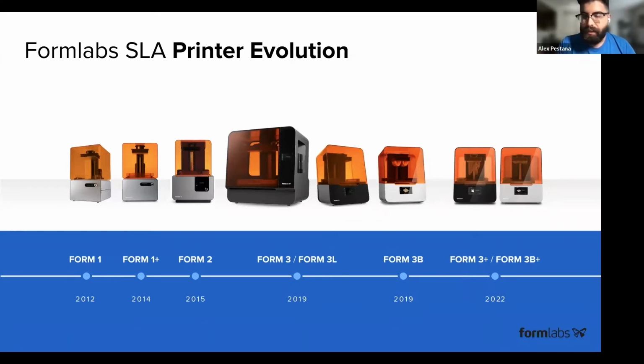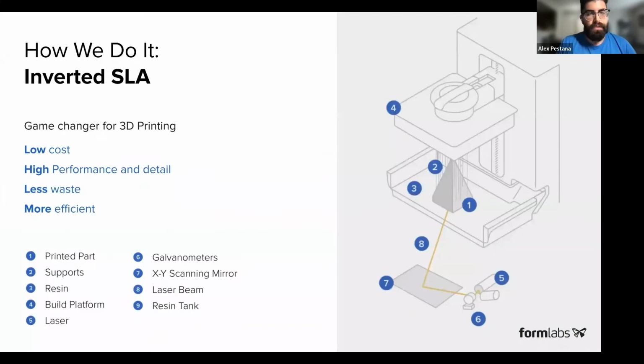And we've been constantly iterating, it almost seems like every year, on the machines. How do we make them better? How do we change it up? That can be told here with Form 2 to the larger format 3Ls, and now with Form 3 Plus. We are always working on finer tuning. How can we make things better, faster, easier to use.